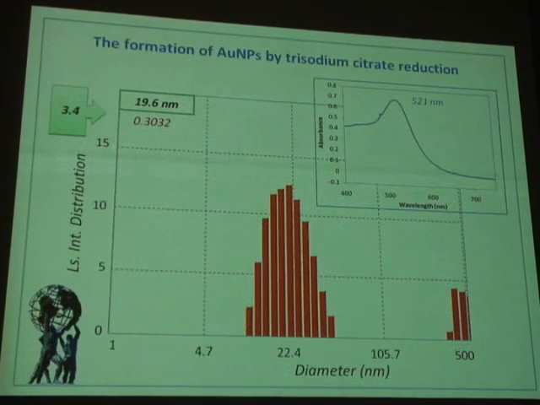In another way, based on the change of pH, we also get gold nanoparticles of 40 and 20 nanometers. At pH 3.4, we get gold nanoparticles of 19.6 nanometers with polydispersity of about 0.3.